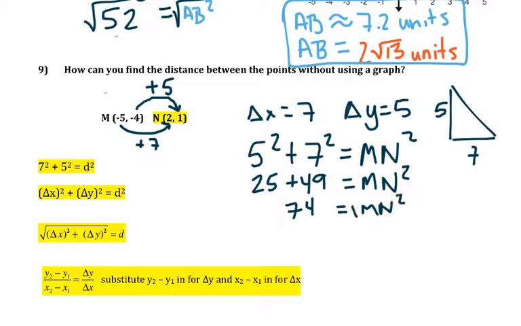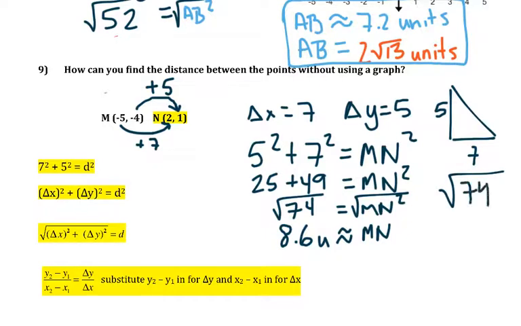And then we're going to take the square root of those, and we get that MN is approximately, putting the square root of 74 in our calculator, about 8.6 units. Or we can simplify, right, our radical expression, the square root of 74.